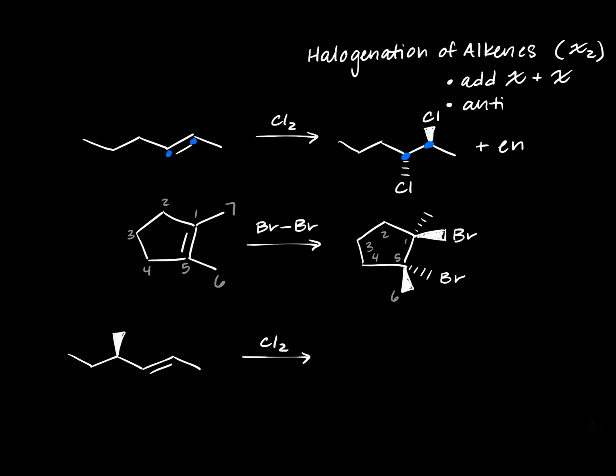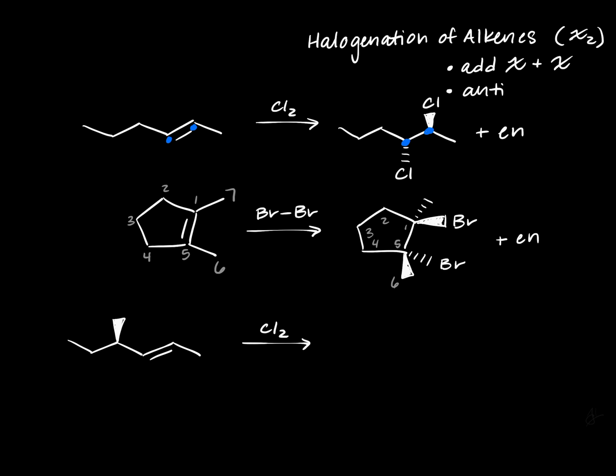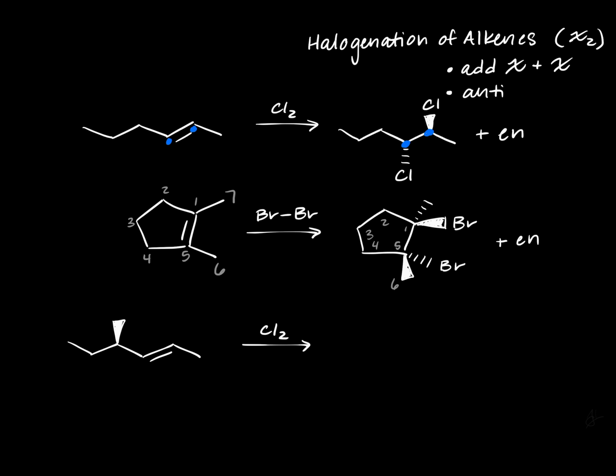Now again, I've arbitrarily chosen one of those bromines to be on the wedge, the other bromine to be on the dash, so I can get the enantiomer. Finally, for this last question, scroll down a bit. I'm going to do the exact same procedure. I have 2 parts of my double bond.